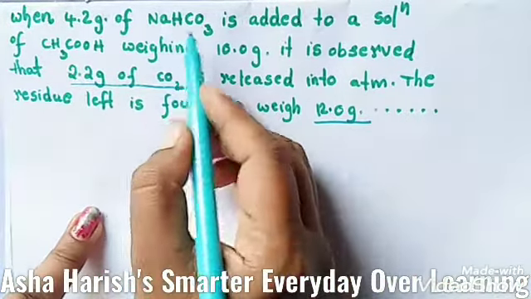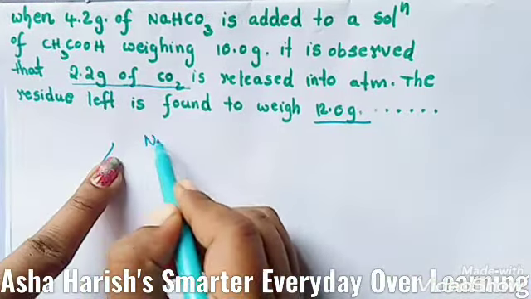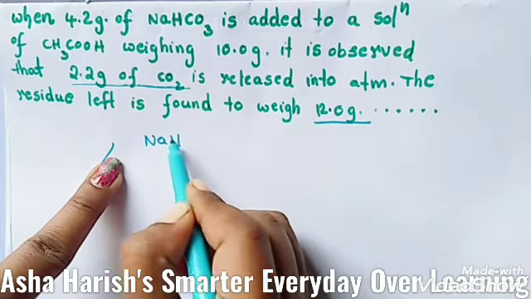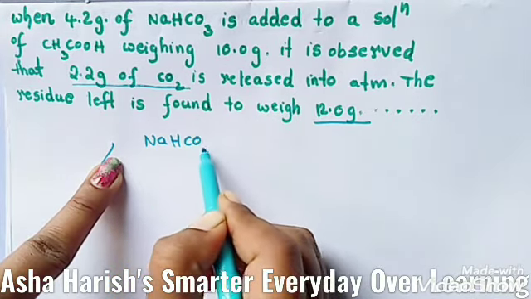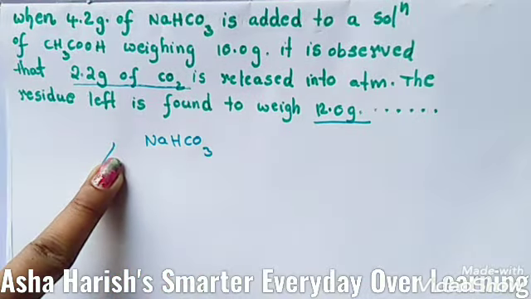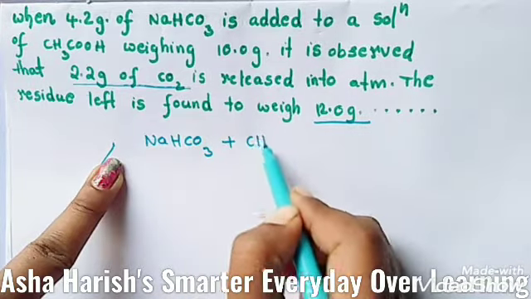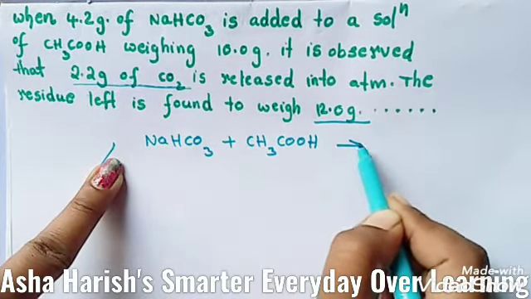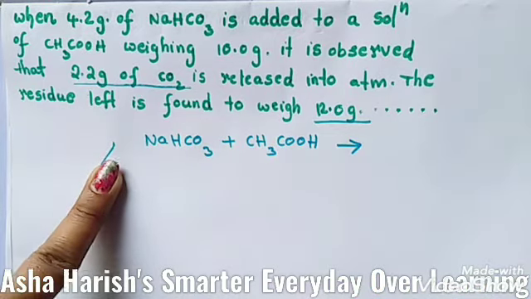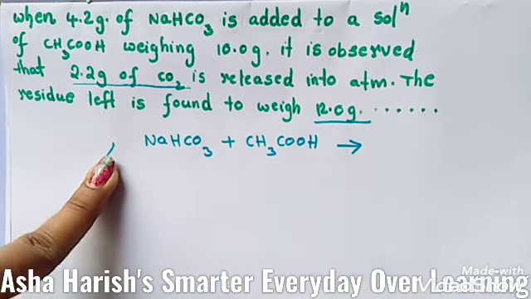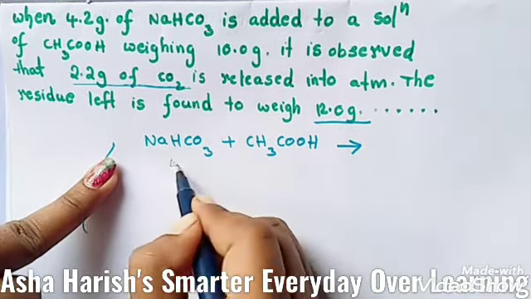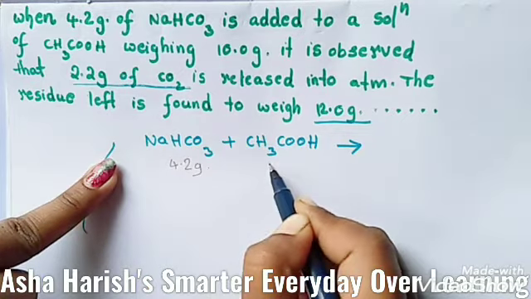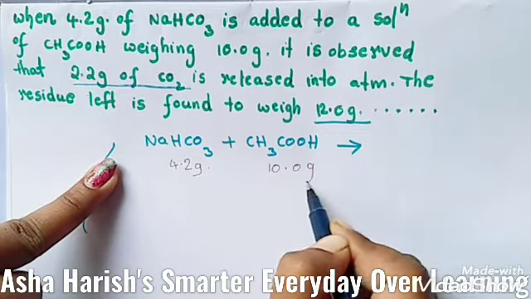Suppose the starting one, 4.2 grams of NaHCO3, sodium bicarbonate, is going to be treated with acetic acid, formula CH3COOH. Now I shall represent the weights also. Here is the 4.2 grams and here 10.0 grams.